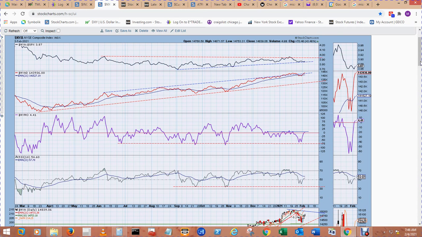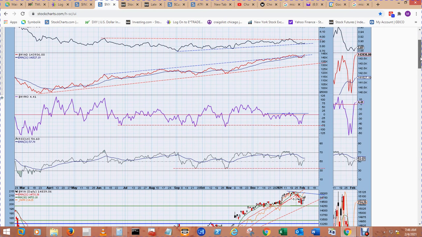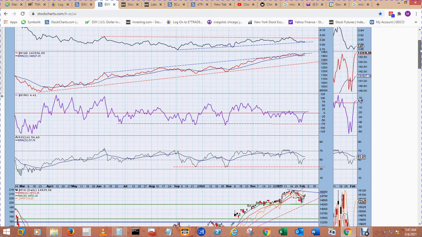The AD line, advance decline line: how many issues are advancing and declining. If it's going up, there are more advancers than decliners. Conversely, more decliners versus advancers.